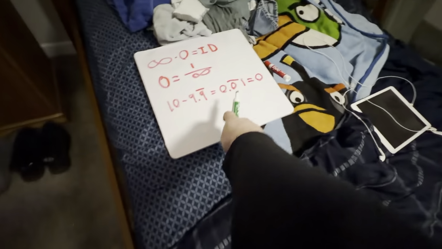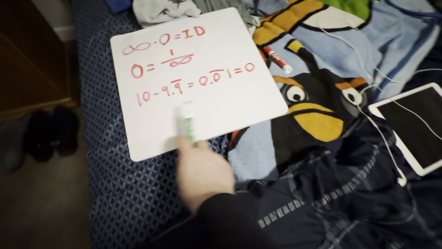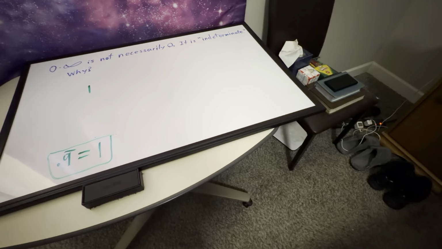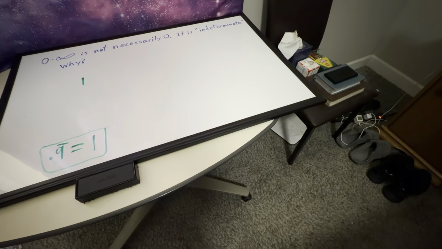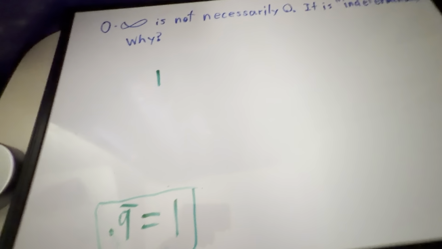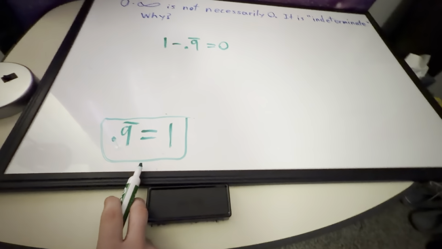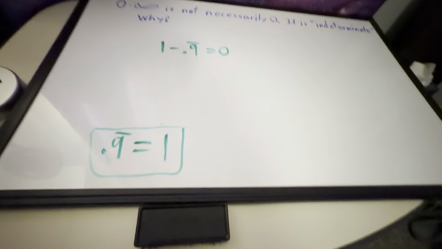So we have 0.0 repeating 1. Let's actually write this out. So let's do ones. 1 minus 0.9 repeating equals 0, because 0.9 repeating equals 1, and 1 minus 1 is 0.